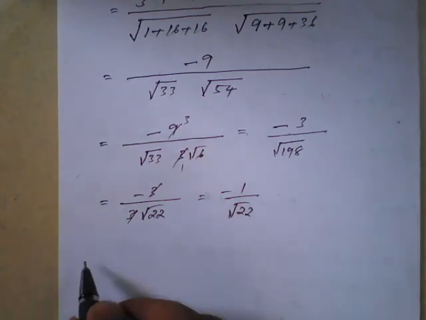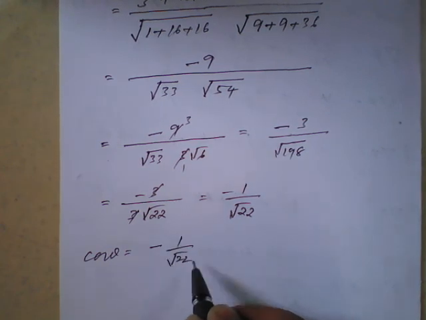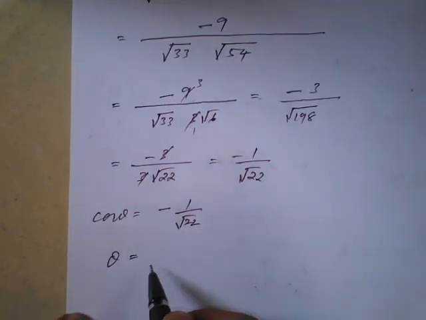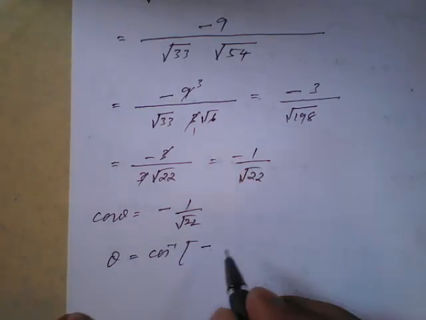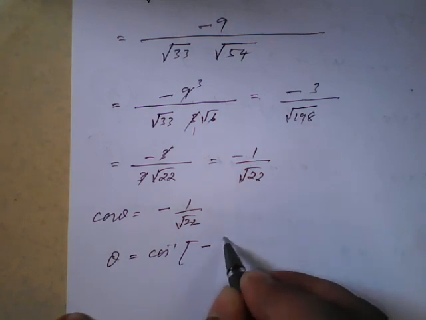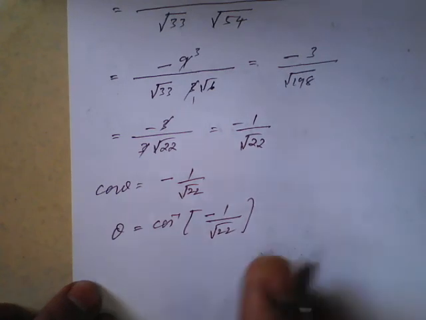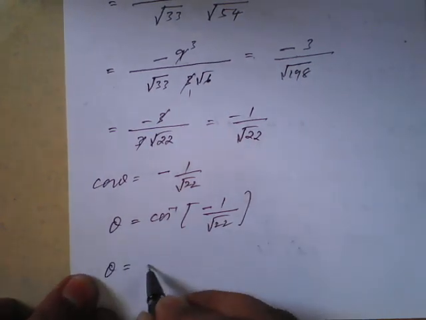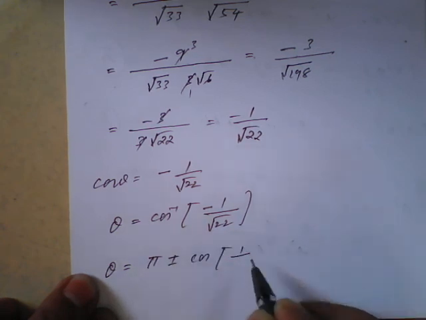So this is the answer: cos theta is equal to minus 1 upon root 22, or I can say that theta is equal to cos inverse of minus 1 by root 22, or to make this positive, this result can be written as pi plus or minus cos inverse of 1 upon root 22.